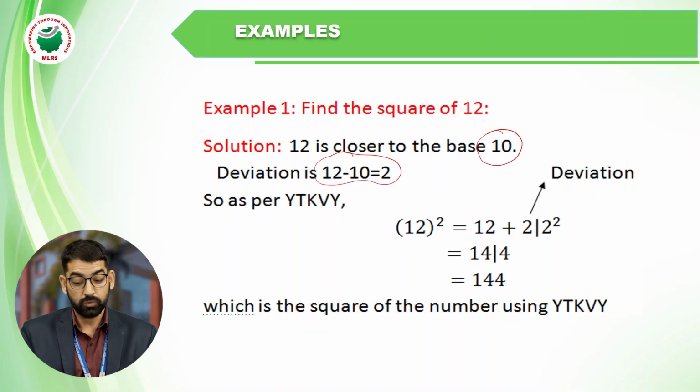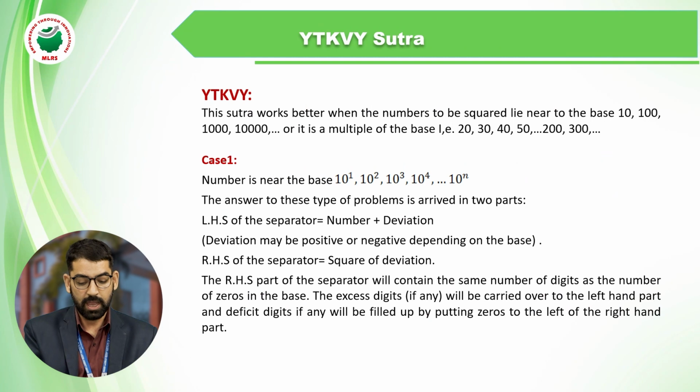12 square equals, once again, 12 the given number plus deviation 2, separator, 2 square. 12 plus 2 is the left hand side part, which we have already discussed. LHS of the separator is number plus deviation.